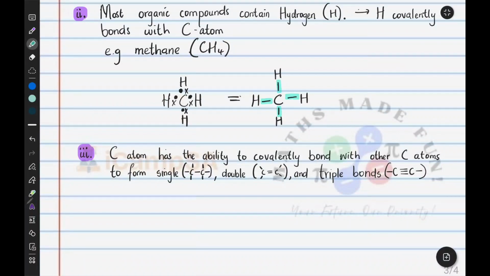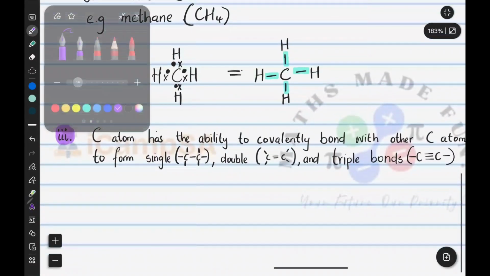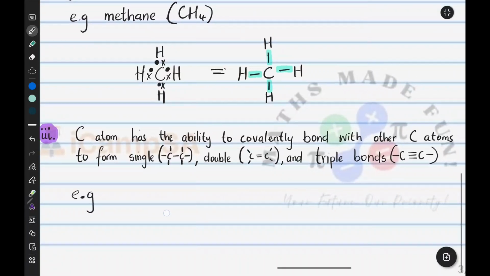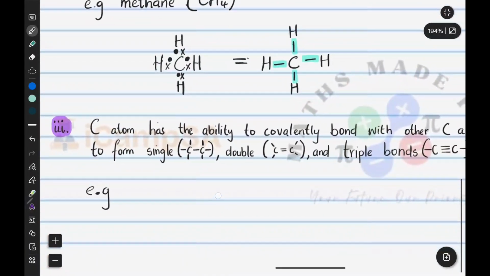So one last thing I'd like to mention is that the carbon atom has the ability to covalently bond with other carbon atoms to form either a single, double, or triple bond, right? So for instance, we will take just one example. You'll see more of these as we start naming our organic compounds, right?